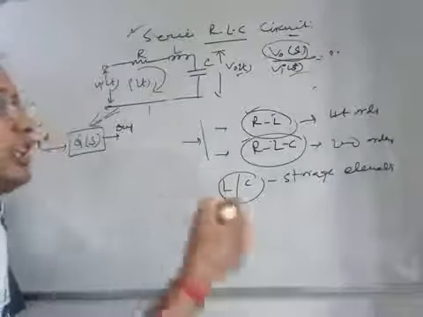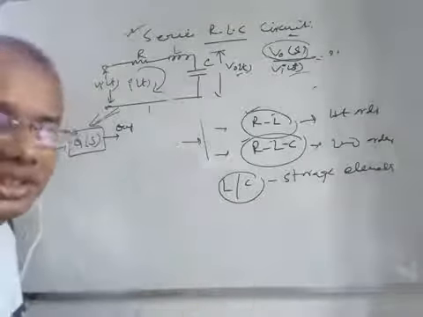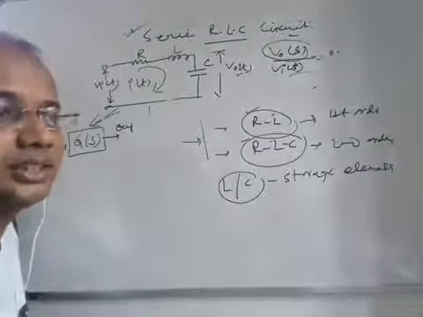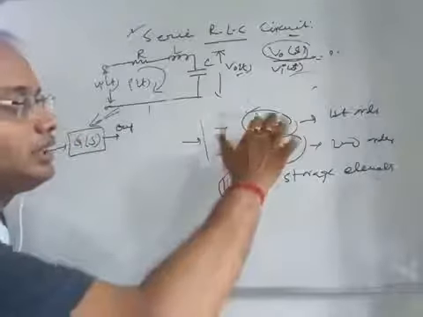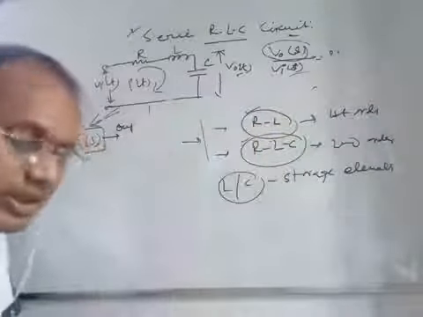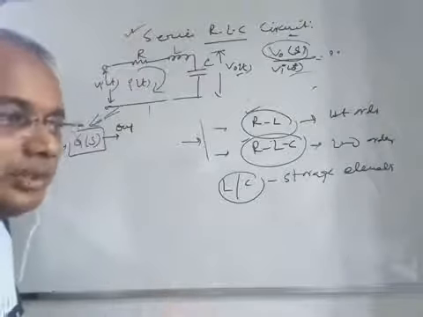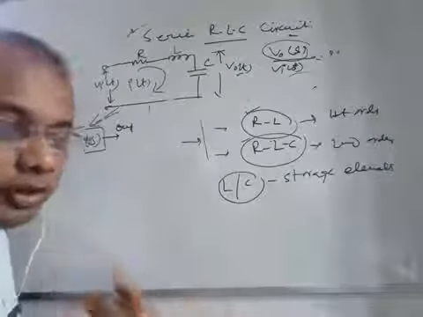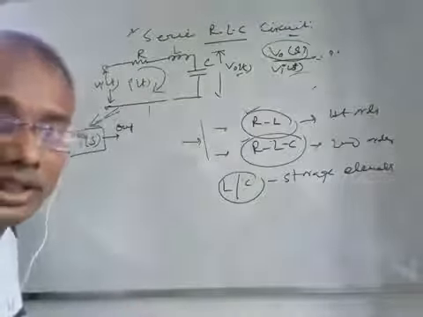So if the number of storage elements increases, the order of the system also increases. That is a very important criterion of an electrical circuit network. If there are two capacitors or two inductors, maybe series connected or parallel connected, when the number of inductors increases the order of the system increases, and when the number of capacitors increases the order of the system again increases.